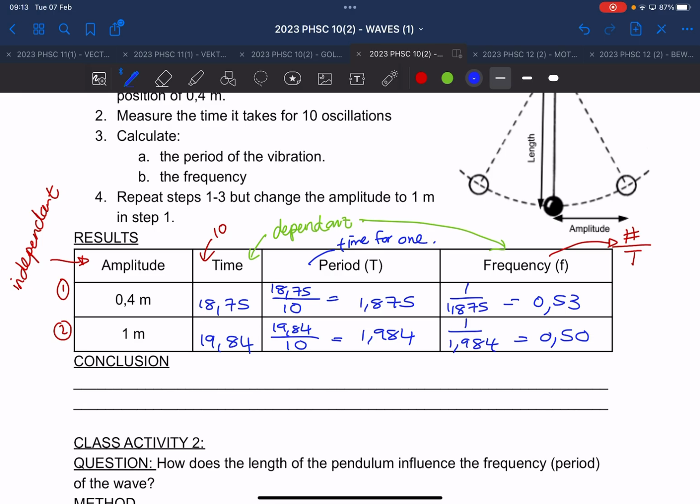What conclusion can we draw? Think about what did we change and what did we get.